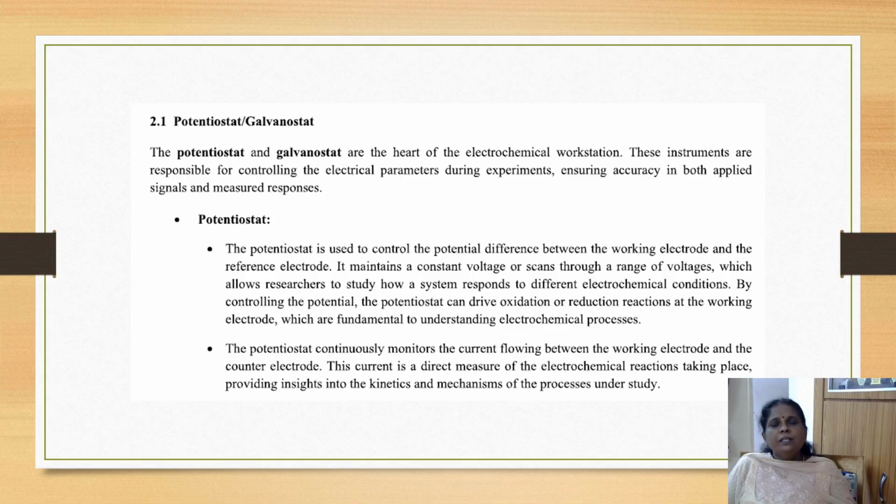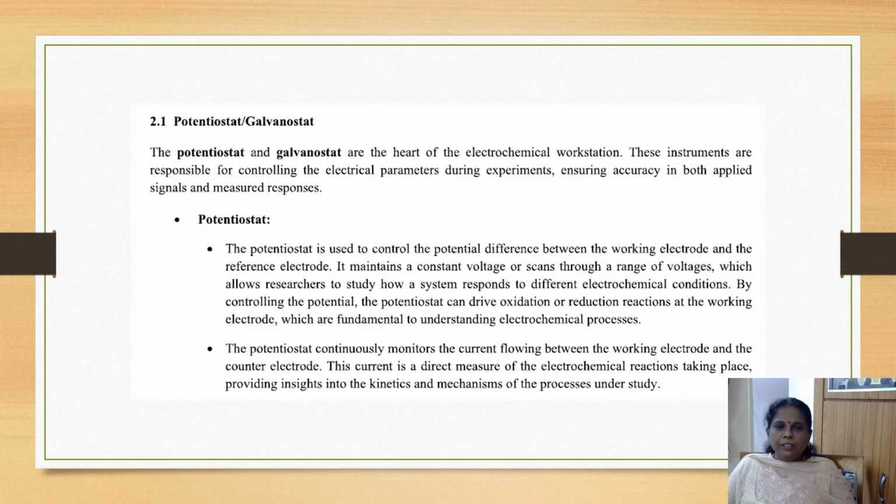A potentiostat is used to control the potential difference between the working electrode and the reference electrode. So it maintains a constant voltage or scans through a range of voltages, which allows researchers to study how a system responds to different electrochemical conditions.